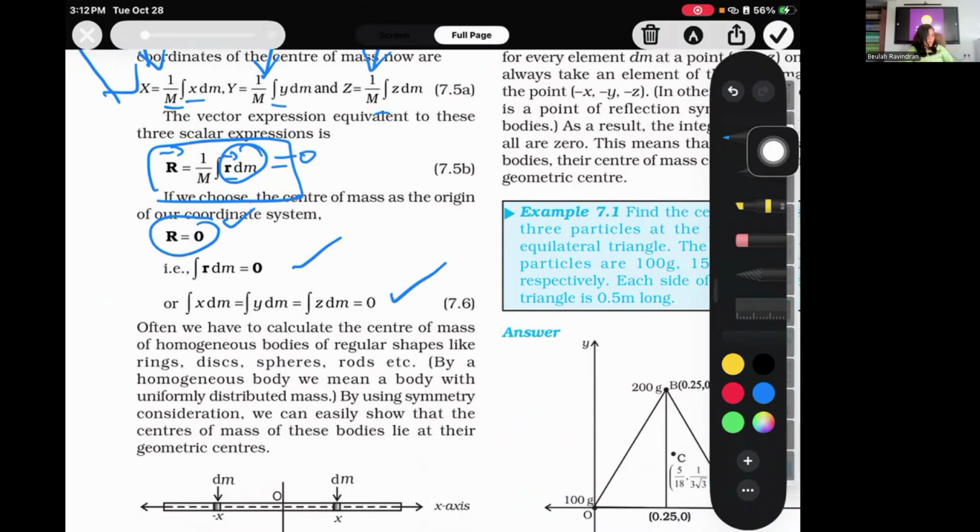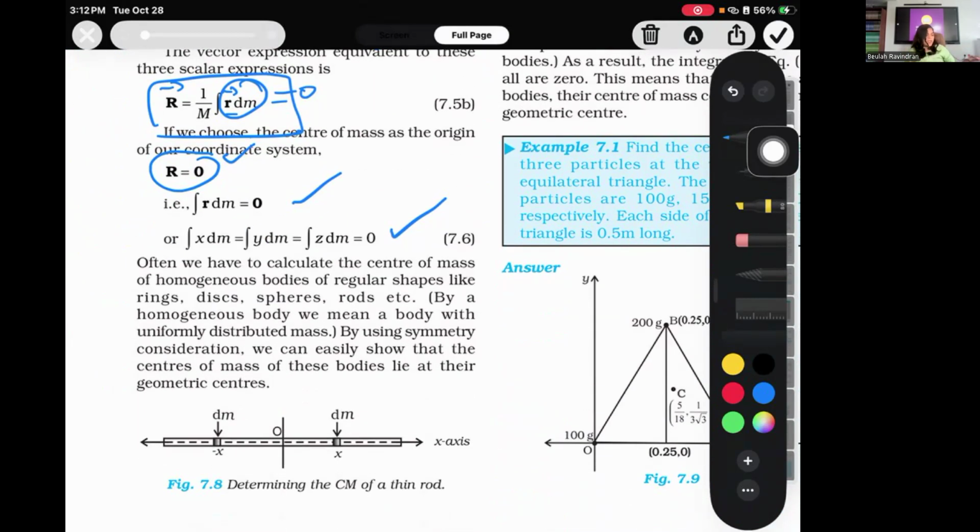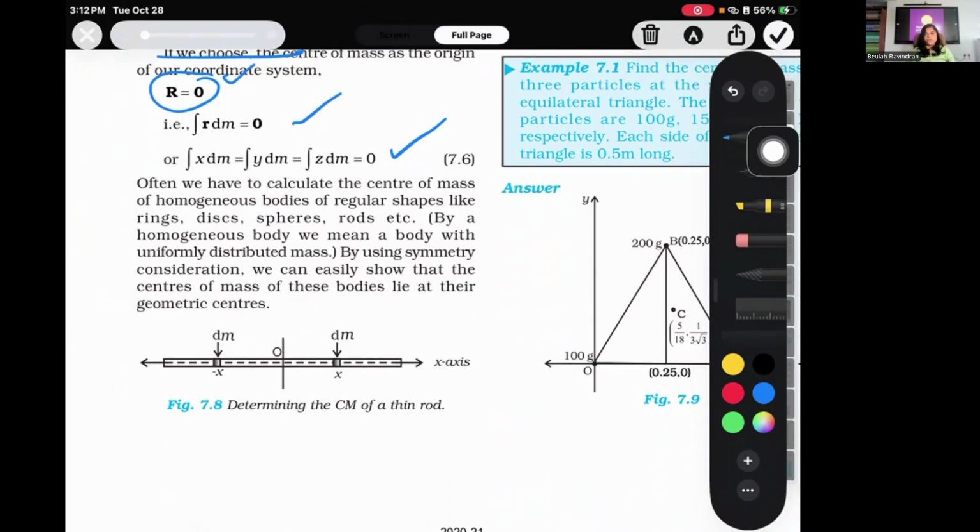That is all given here. So we are able to calculate the center of mass for all homogeneous bodies. Here homogeneous bodies mean uniformly distributed mass. For regular shapes, we are able to find all these geometric centers.